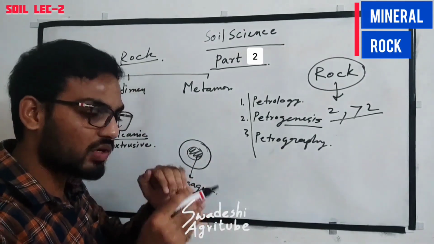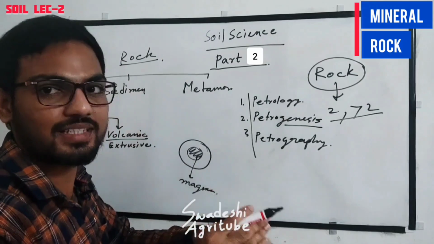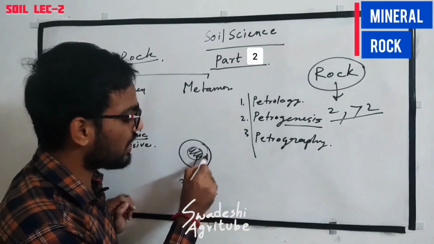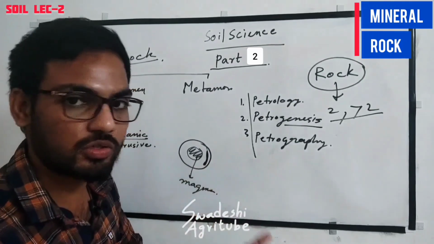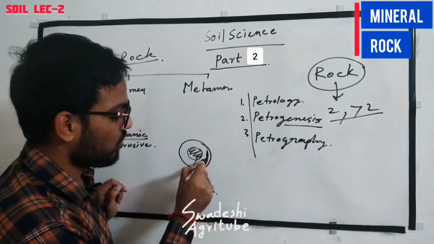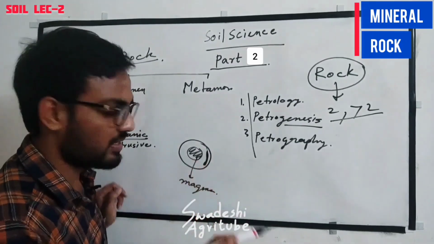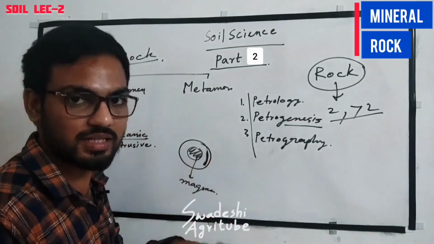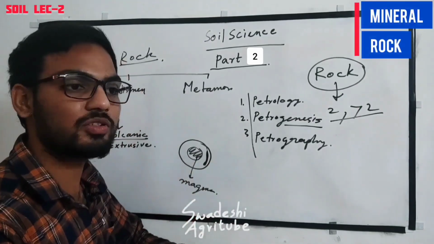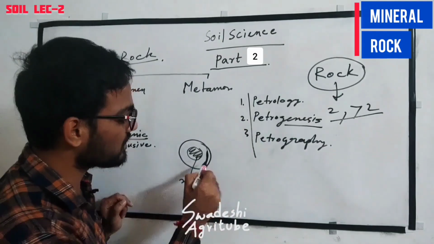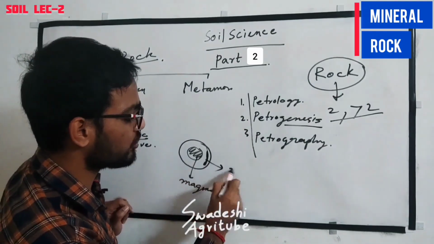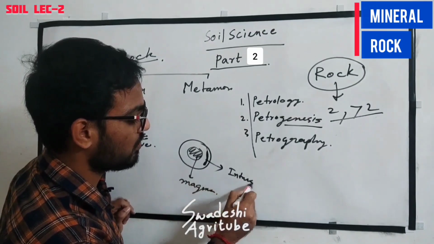Near the earth surface, we can find the solidified cold magma, and those will be called intrusive or plutonic rock. There is a long process of solidification, and then it will be found in the surface of the earth, and those form the intrusive or plutonic rock.